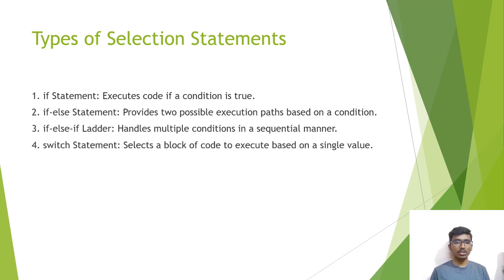The third one is the if else if ladder, which handles multiple conditions in a sequential manner. This means it consists of an if statement inside an if else statement. And the final one is the switch statement. It selects a block of code to execute based on a single value.